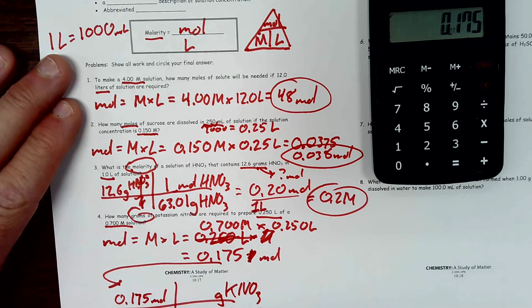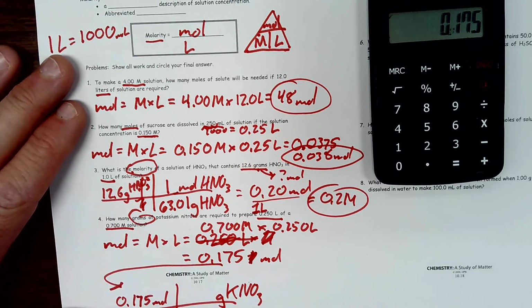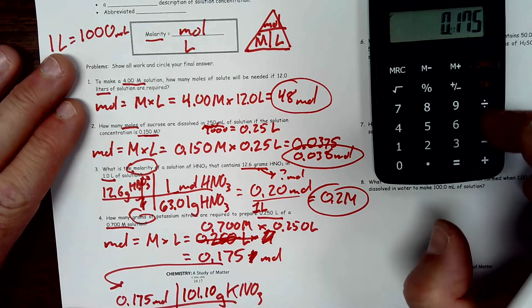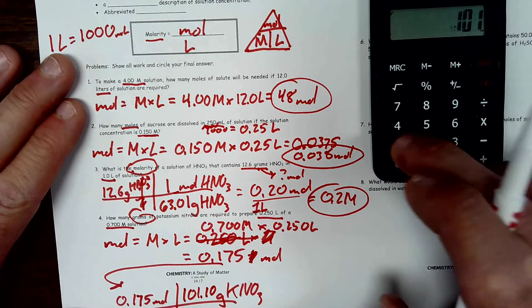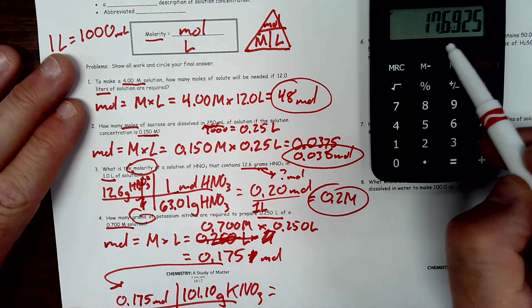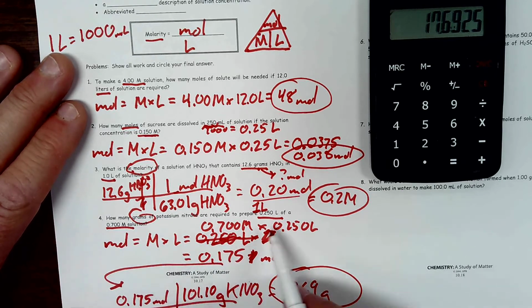And again, I'm going to look those up on the periodic table and add them and multiply by how many there are and add them all up, and that ends up being 101.10, and that's the molar mass, and that always goes with the grams. So I'm going to take this number and multiply it by the 101.1, and I end up with 17.69 grams.